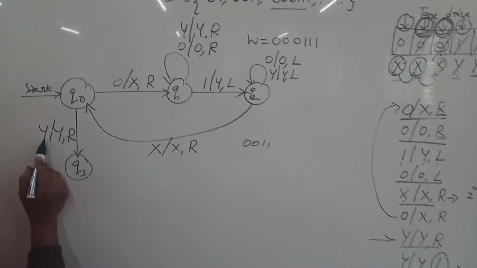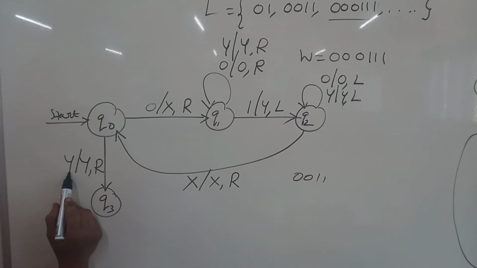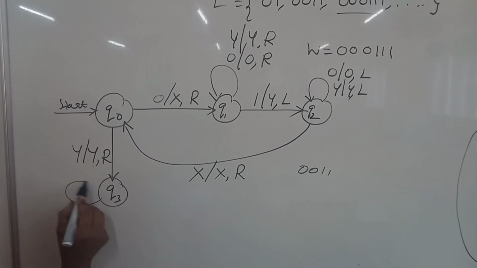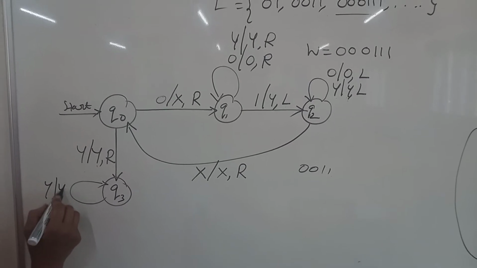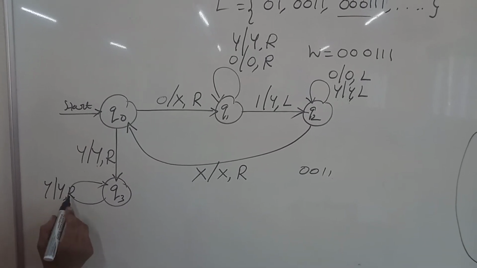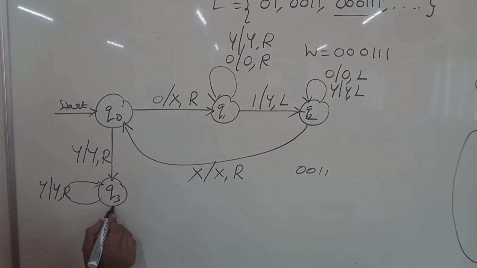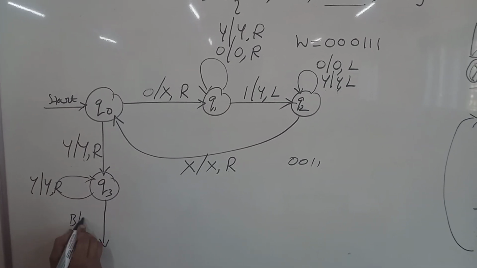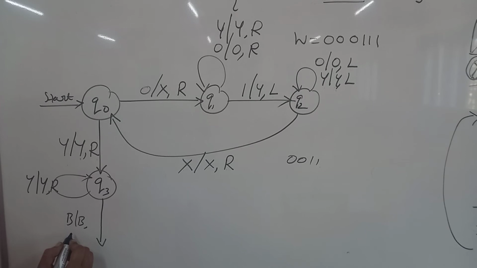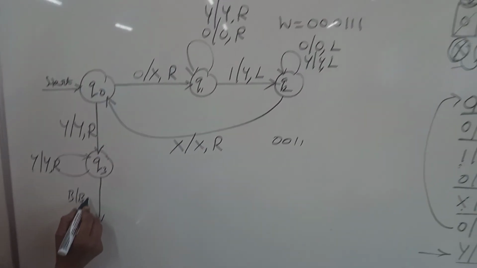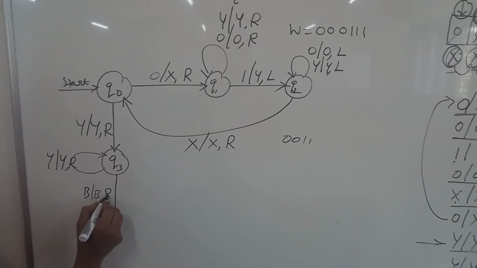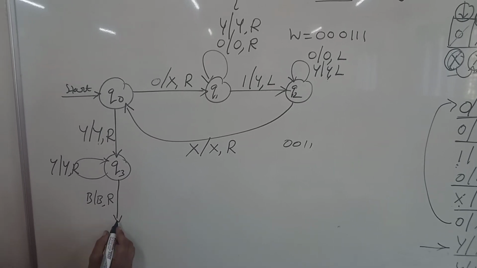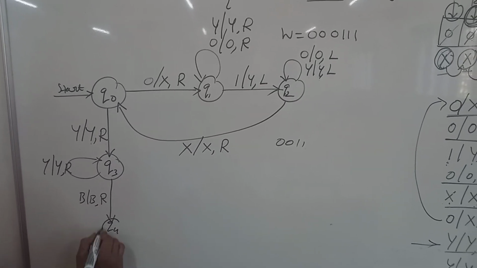For input symbol y, we retain y as it is and keep moving to the right direction, and for all y we retain and move right until we get a blank symbol. Once we get the blank symbol, we retain that blank symbol as it is and move to the right direction, and this indicates that we have reached the final state.